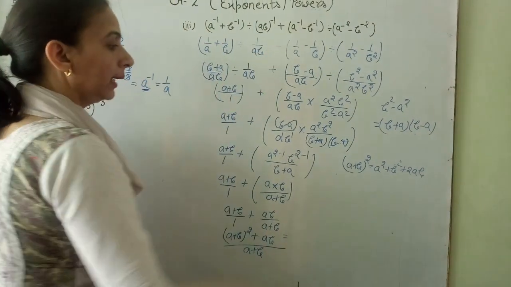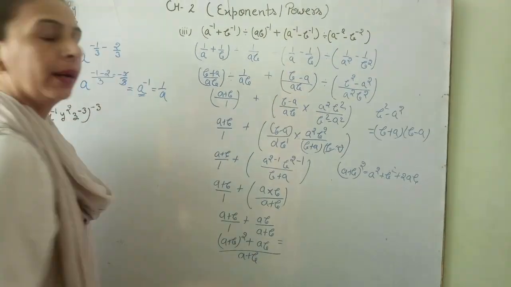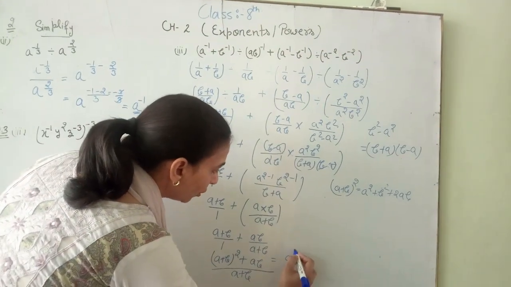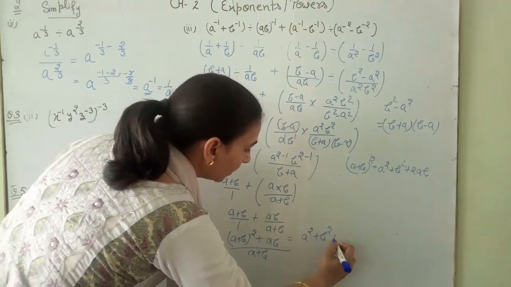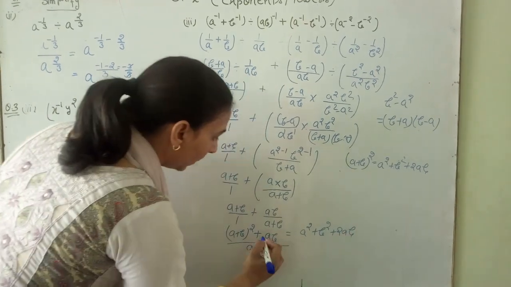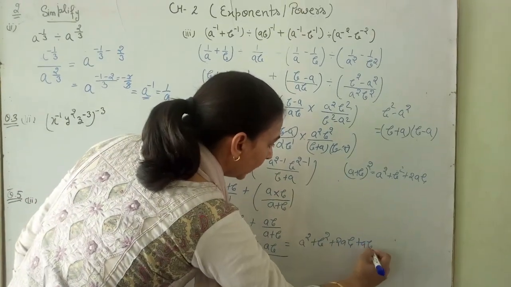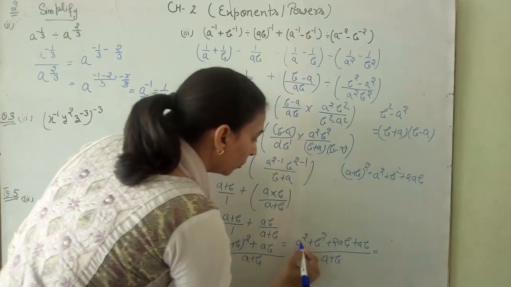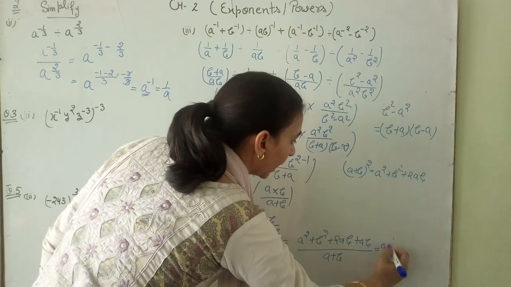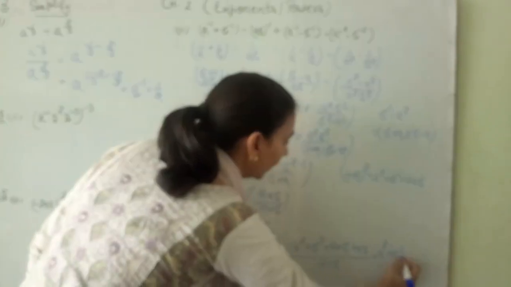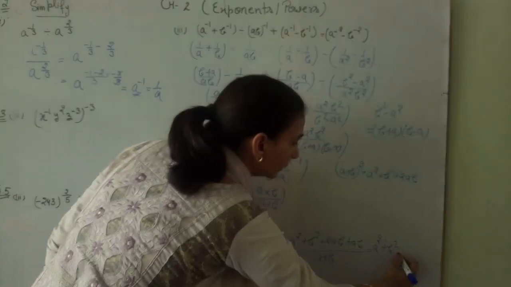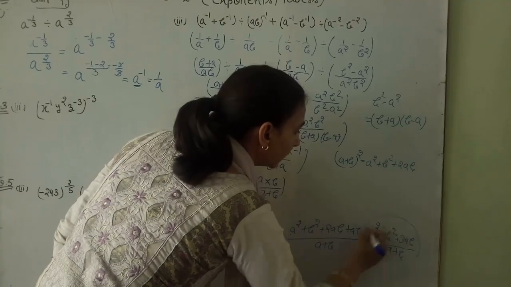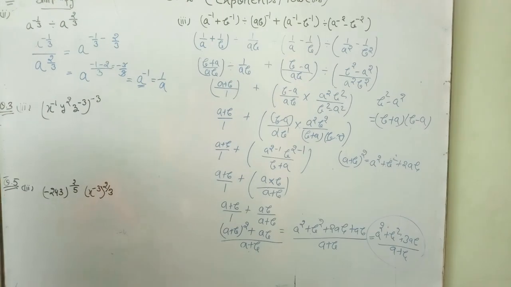So in place of this we can write a square plus b square plus 2ab, plus ab divided by a plus b. This is equal to a square plus b square and 2ab plus ab, then 3ab, divided by a plus b. This is our answer. Clear?